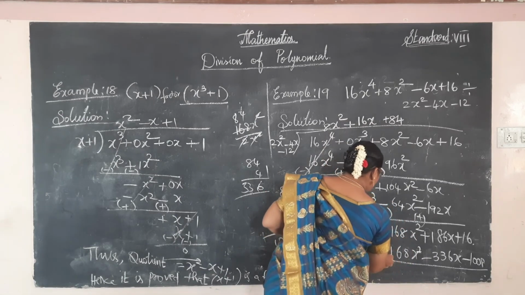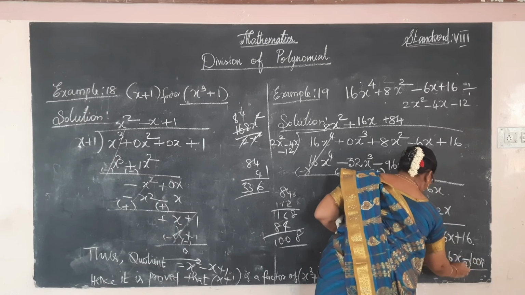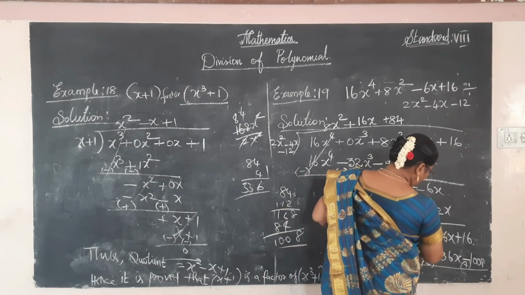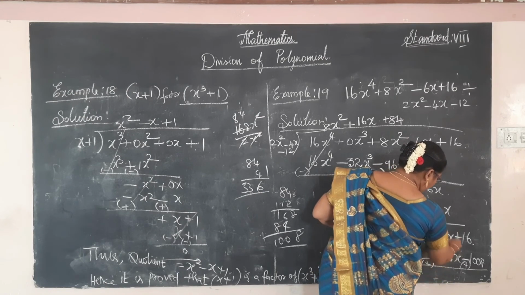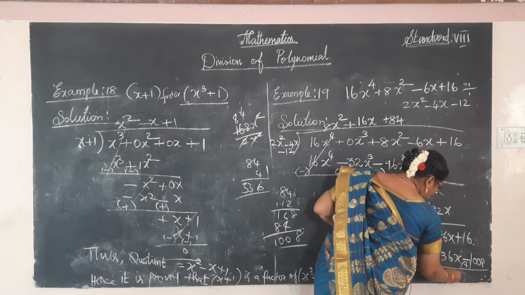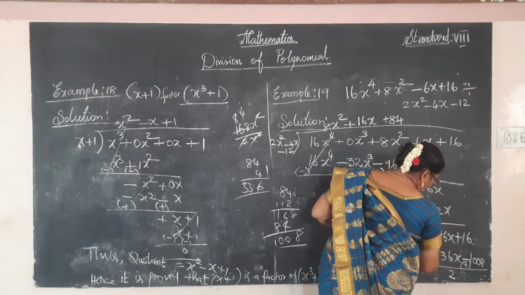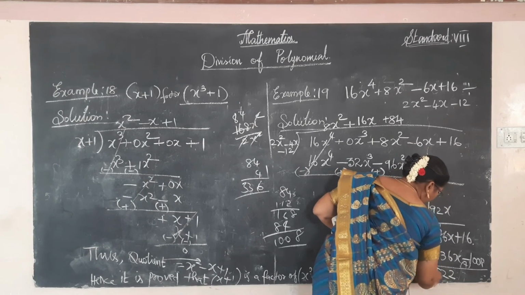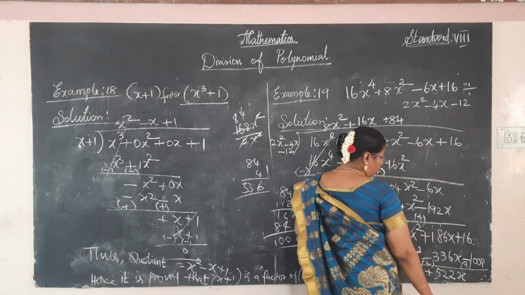Now change to the additive inverse, change the signs. This term will be cancelled, and for the next one both have the same sign, so add and put the same sign. 186 plus 336 is 522, so 522x.